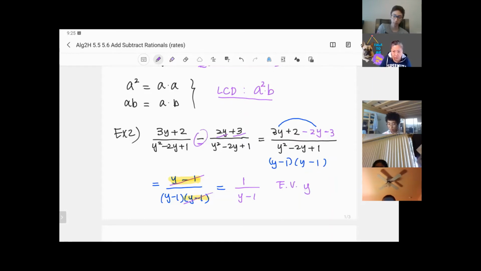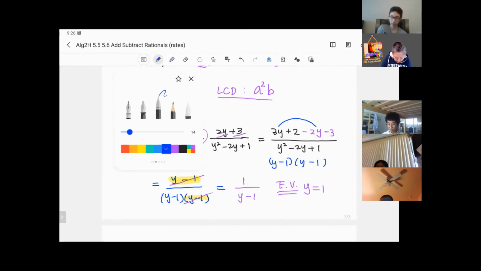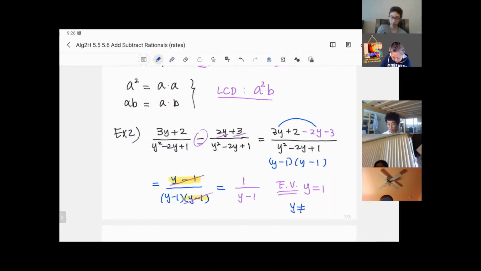In order to avoid that, y equals 1 is the excluded value, right? You can just say excluded value y equals 1, or you can simply say y cannot be 1, either way. But in the format that we are learning, it's more like this way, so either one, okay?